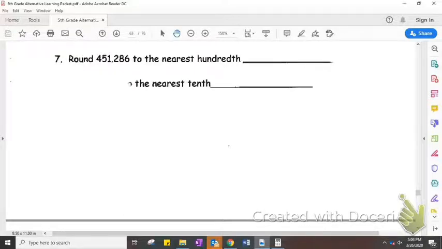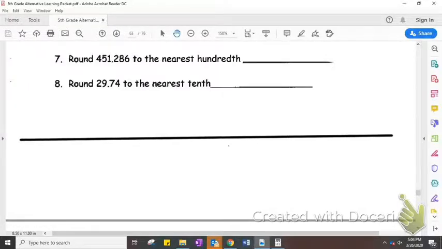All right, so let's go to the next one. This one here says round 29 and 74 hundredths to the nearest tenth, and I'm going to do it on a number line. So they're asking us to round to the nearest tenths. So I see 7 tenths.